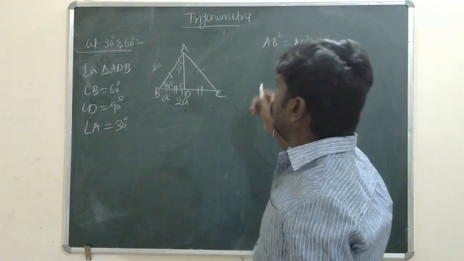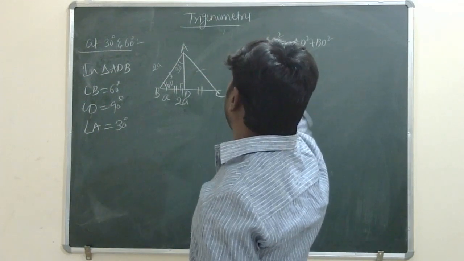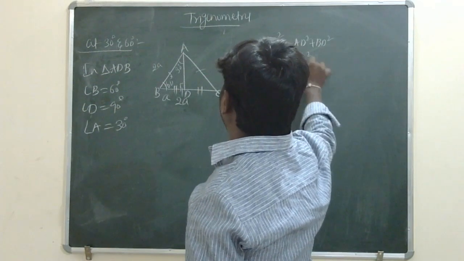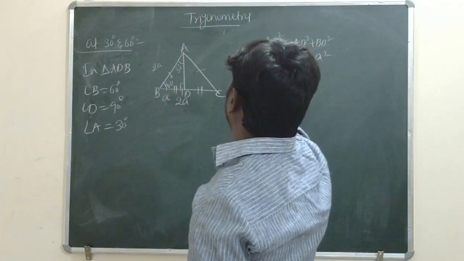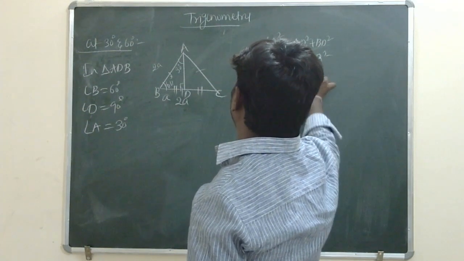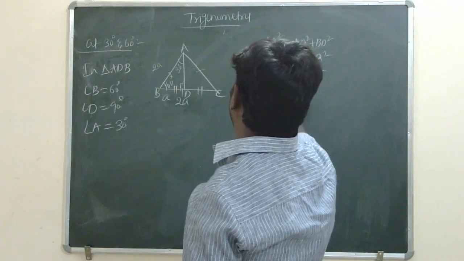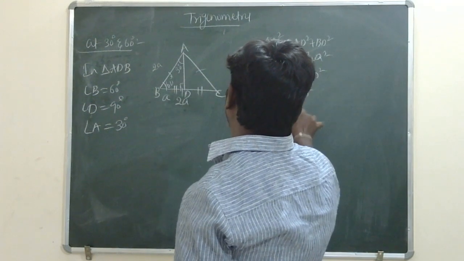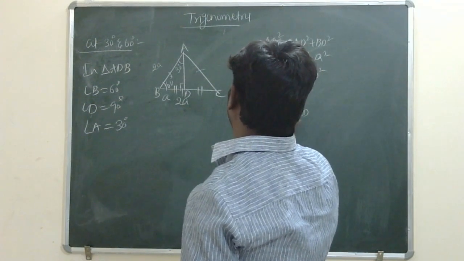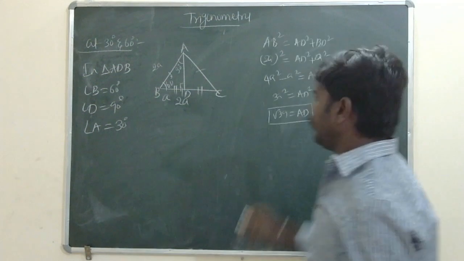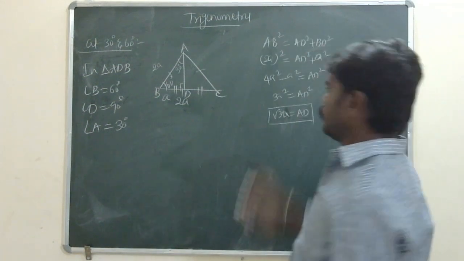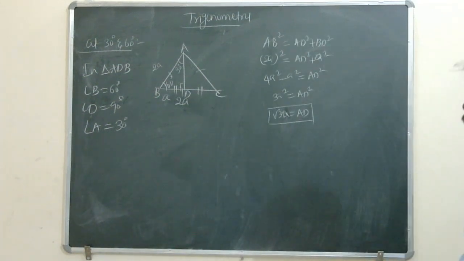AB square means 2A whole square, AD square we don't know, and BD square is A square. So 4A square minus A square is equal to AD square. So 3A square is equal to AD square. So AD is equal to root 3 into A. Okay, so this is the AD value.